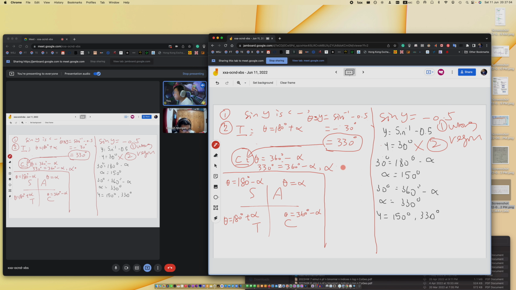Can you see that your basic angle is actually 30 degree? Once your basic angle is 30 degree, you put it back into the tangent region to get your another theta, which is 210. So that's how you get your answer 210 degree, and this 330 degree. So the answer for y is 210, and then y equals 330.